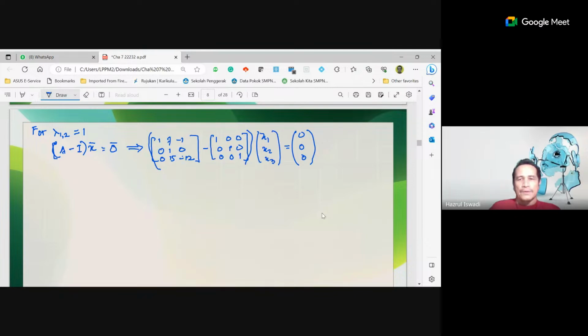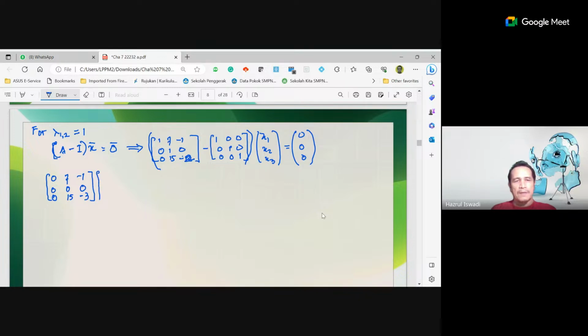Okay, we subtract them. We get 1 minus 1 is 0, 7, minus 1; 0, 1 minus 1 is also 0, 0; and the rest, 0, 15, and minus 2 minus 1 is minus 3.